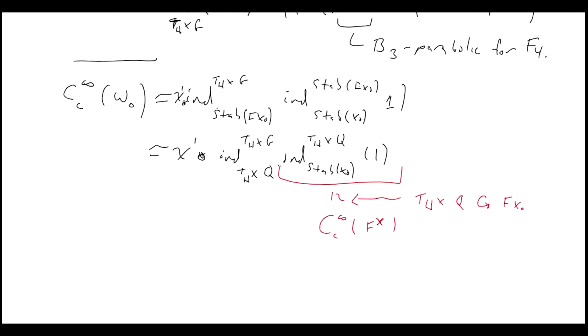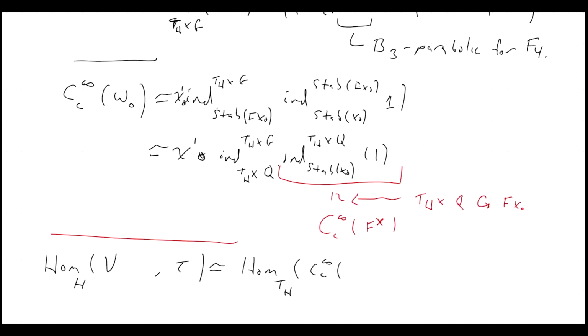All right, now we can finally go back and put everything together. So we have to compute the Hom of V. We found that this was isomorphic to a T_H Hom of the smooth compactly supported functions on omega 0 into pi.